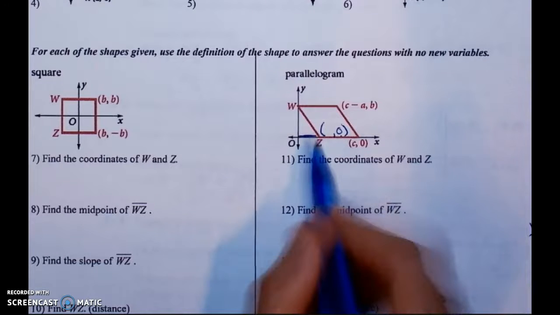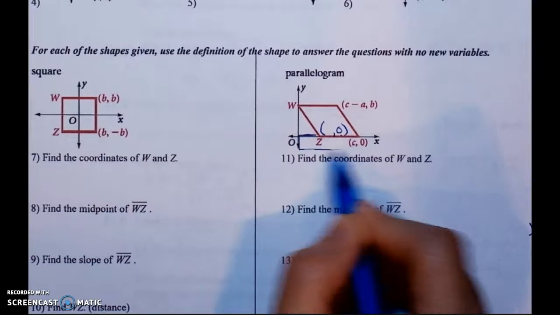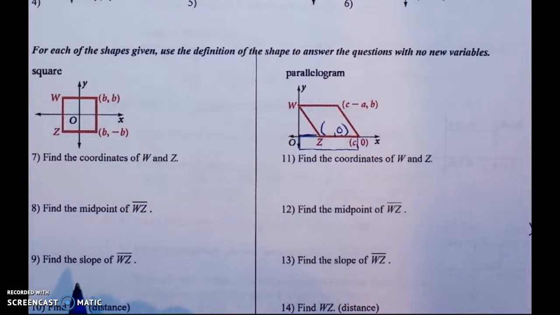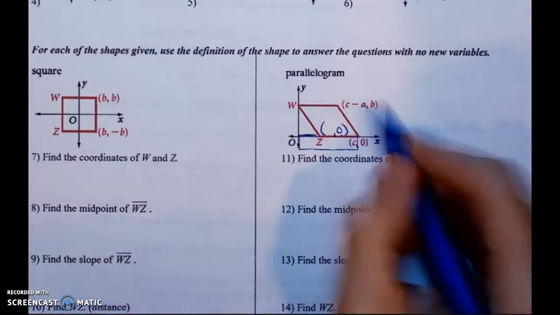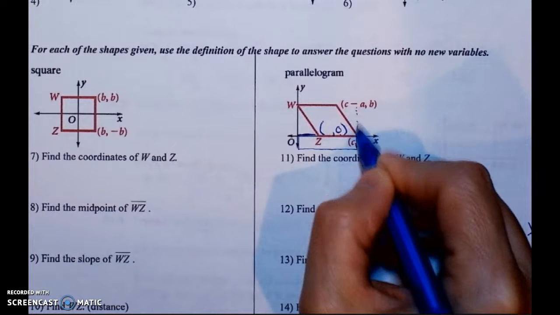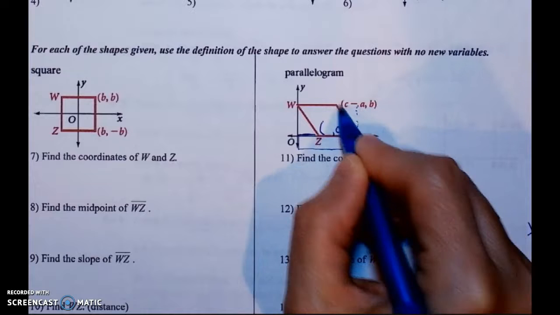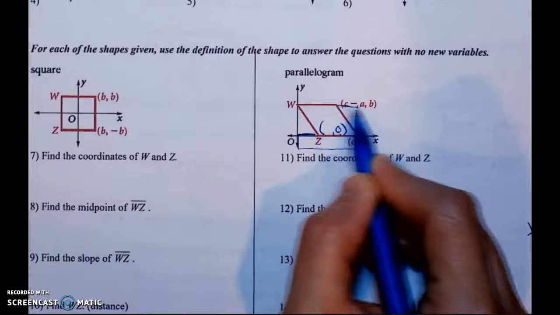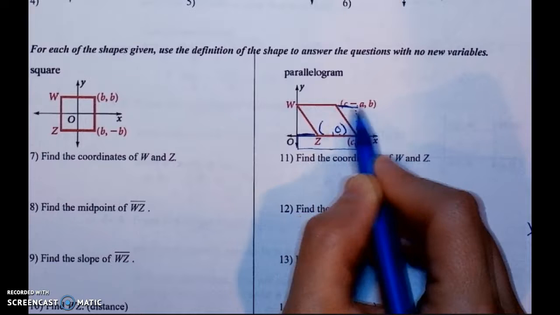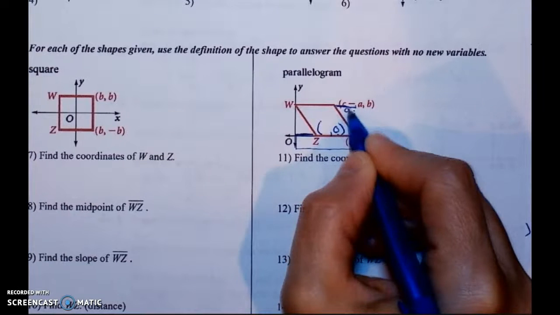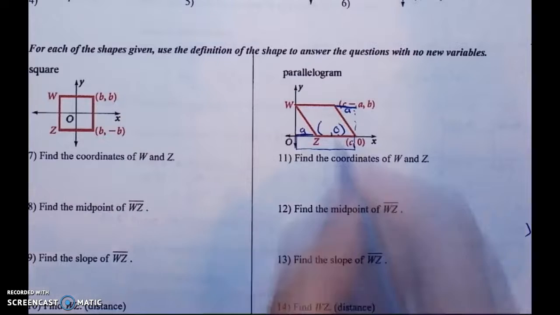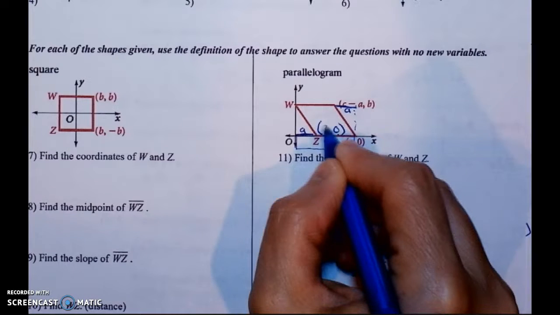If you take a look at this whole length here, it's been labeled C, which means all the way out to here is also C, but when they get to that coordinate, they went out to C and they subtracted some amount, which is that A. That means this in here is A, and this is A as well. So the coordinate of point Z is A, comma, 0.